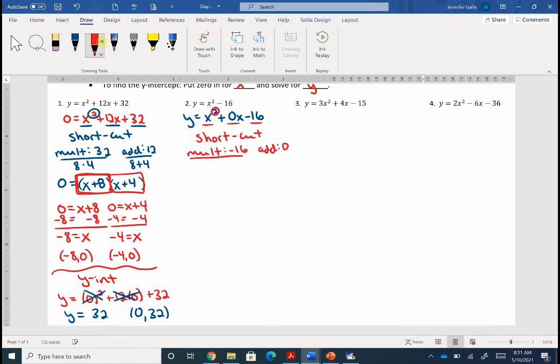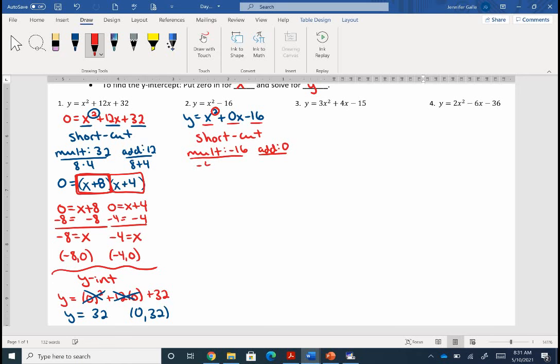Multiply to get negative 16. Add to get 0. These, for me, are usually my quickest ones to figure out. I know for some of you, finding the factors can get you stuck. If you still have your multiplication table from Unit 2, you may use that again. If you need to print a new one, please do so. You can use that table again this unit if you need it.